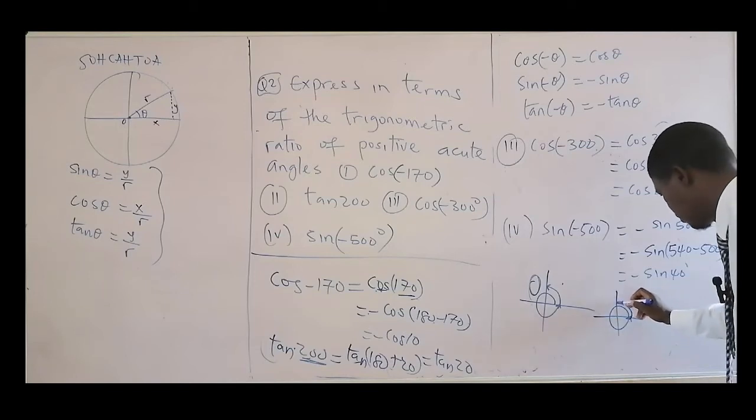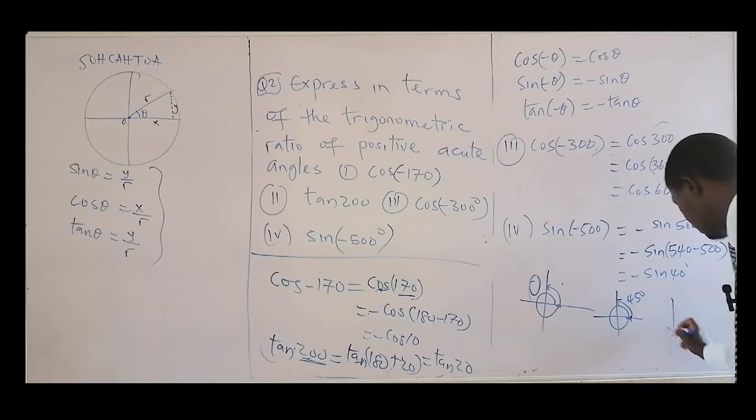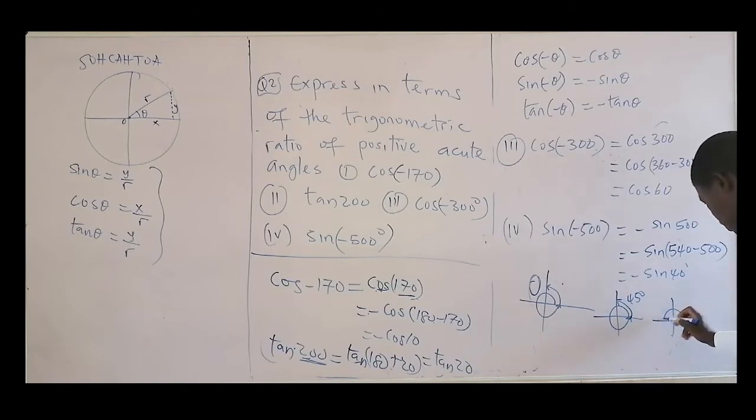If you extend to this place, that's 450. If you continue, plus 180 to that place, that will be 360 plus 180, that's 540. So the total in that place is 540 minus the amount you move to that place, 500. So that's why I did that.